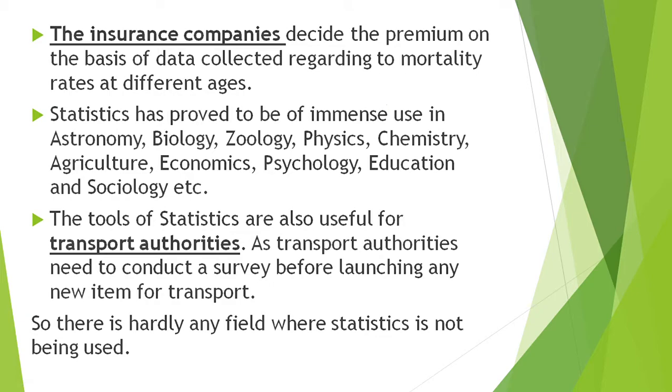So insurance companies set their premium differently for young people and for aged people, because they depend on the mortality rate of different ages, and for that purpose they collect the data, because without collecting the data we cannot find the mortality rates.